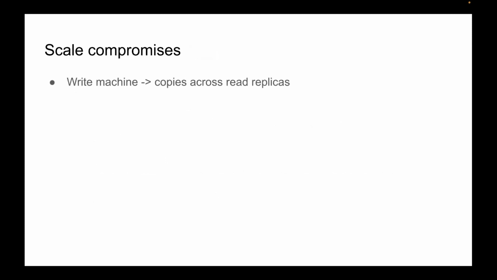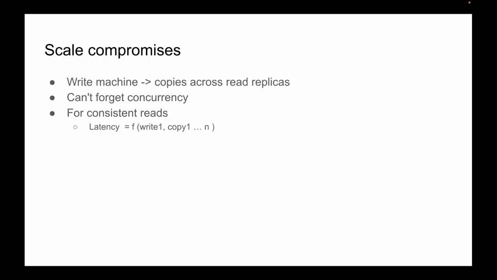So this is a compromise, obviously. This compromise is important because we can't forget concurrency, and concurrency comes into play when you have to scale writes. For consistent reads, as seen in the last example, the latency will now become a function of all the copying that I have to do.